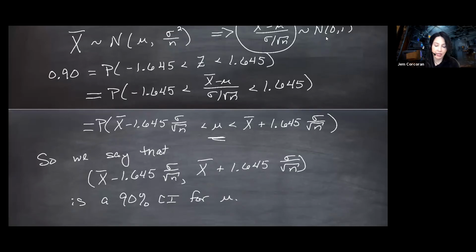And I'm sure you've seen stuff like this somewhere, even if you really haven't had much in the way of statistics, but we can write this a little more compactly as X bar plus or minus 1.645 sigma over the square root of n. So our interval is random. It has random endpoints, and it will contain mu with that probability.